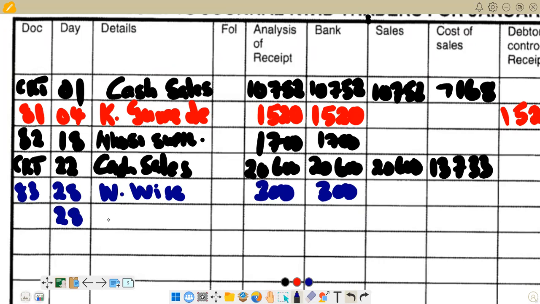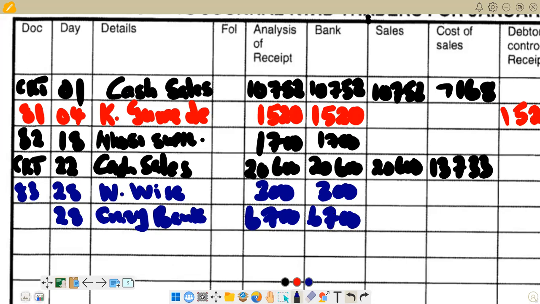And we are saying this is from Crest Bank, so we can write here Crest Bank. Then on the analysis of receipts, the amount is 6,700. So we are putting 6,700 here. And remember, it's also going to be deposited in the bank. Put it here again.